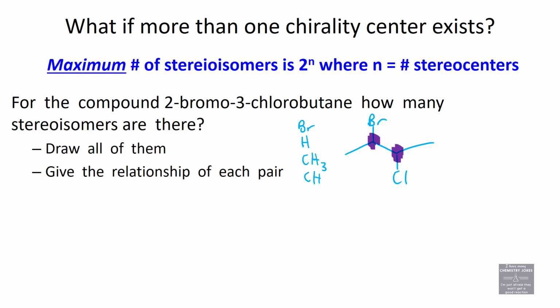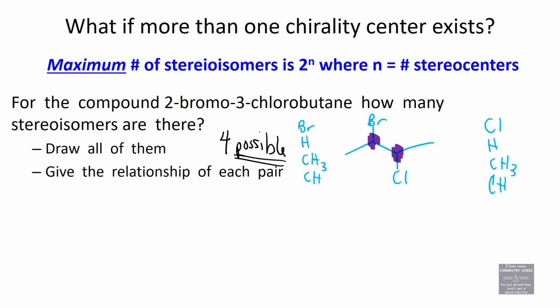This other carbon has a Cl, an H, a methyl, and you guessed it, a carbon that's not a methyl. Those branches are different. So we have 2 asymmetric carbons on this guy. So 2 asymmetric carbons means 2 to the 2, 4 possible stereoisomers.